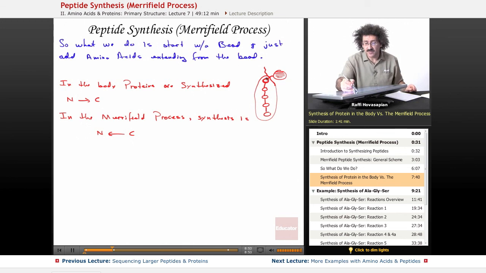Because we're adding this first, and then we're adding something to the left of it, to the left of it, to the left of it. So it's in reverse, but again, the final product is what's important. But you should know that in the body, it's actually built from N forward. Here, you're adding amino acids backward. You're starting from the carboxyl end, and you're going back that way.